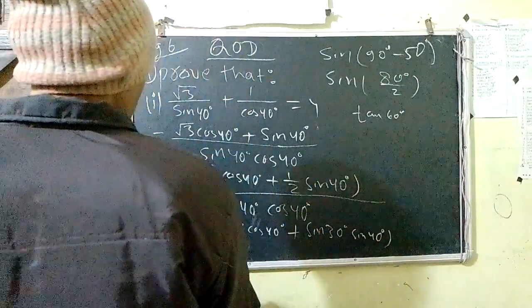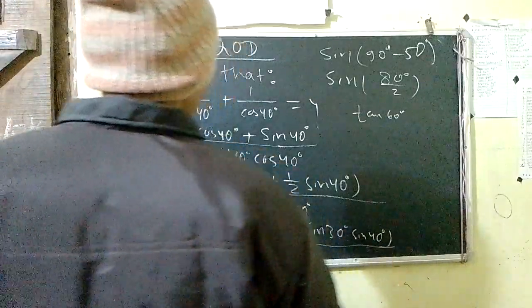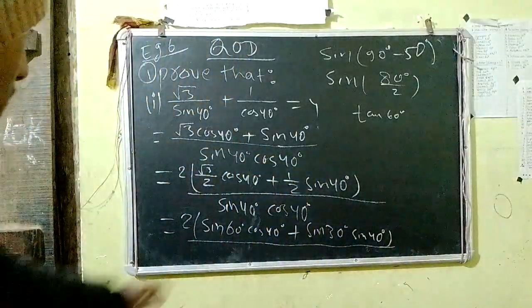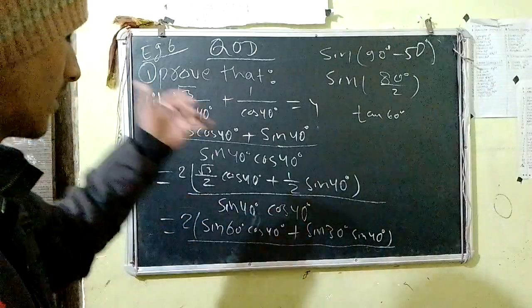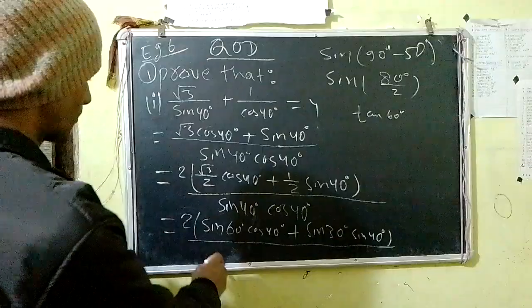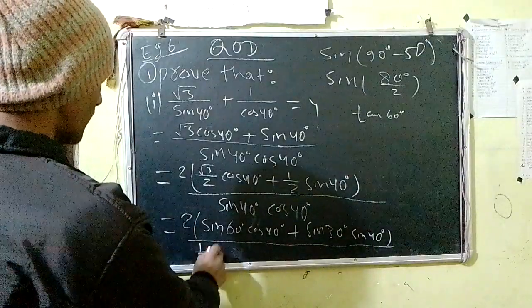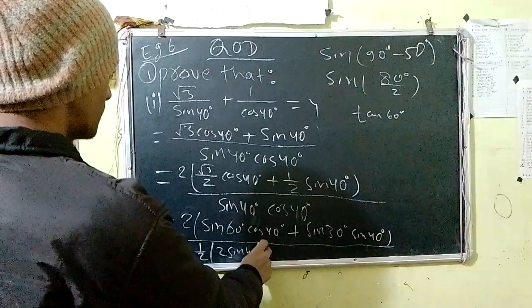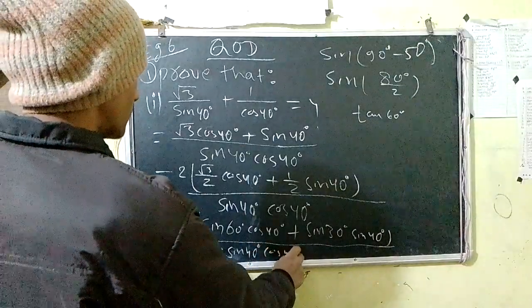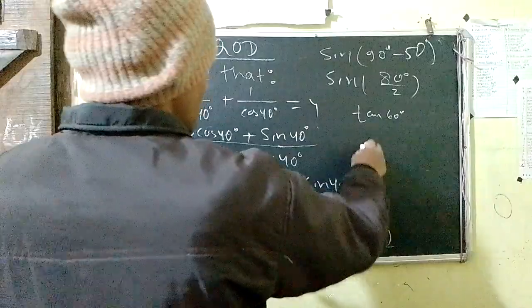And what I want on the bottom is this looks like sine and cosine, so this looks like 2 times sine and cosine, as in the formula of sine 2a. So I'm again going to divide it by half and multiply it by 2 such that it becomes 2 sine 40 cosine 40.